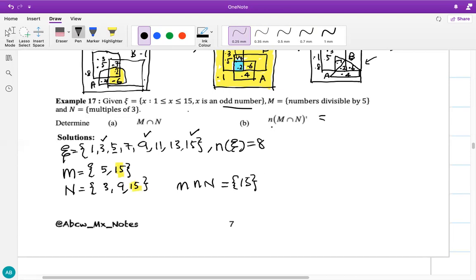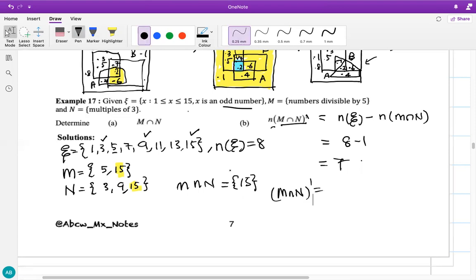And how many elements of m intersect n prime? So it is the number of the universal set minus the number of m intersect n. Therefore, it's 8 minus 1, you get 7. Okay? Or you can list it out, m intersect n prime. Apart from 15 is 1, 3, 5, 7, 9, 11, 13.